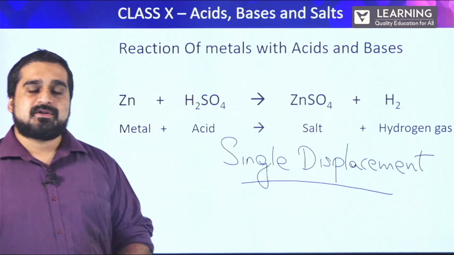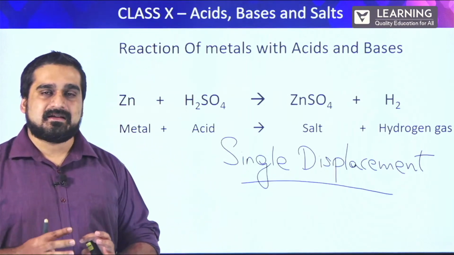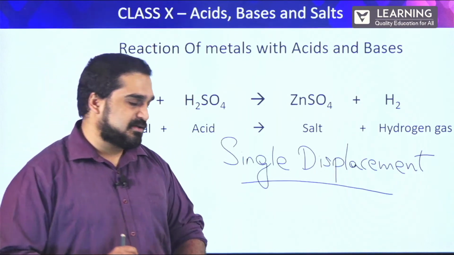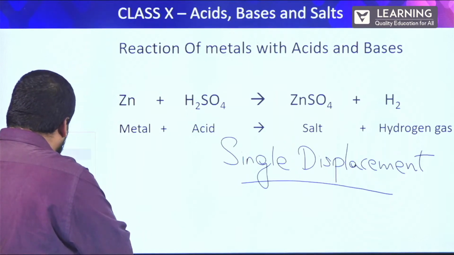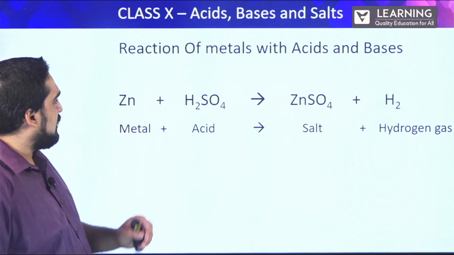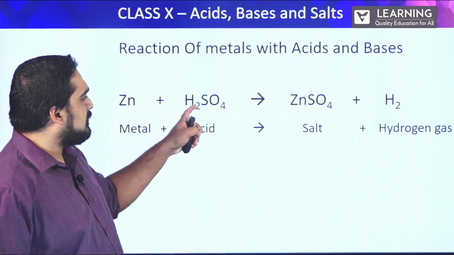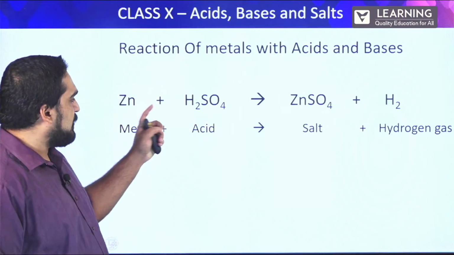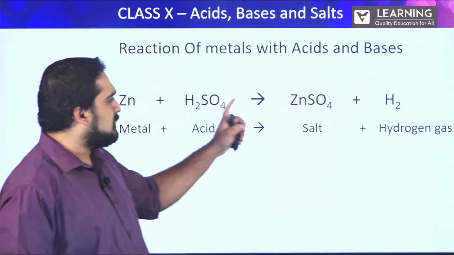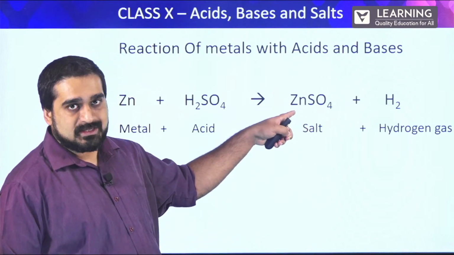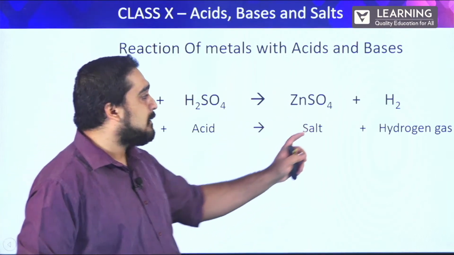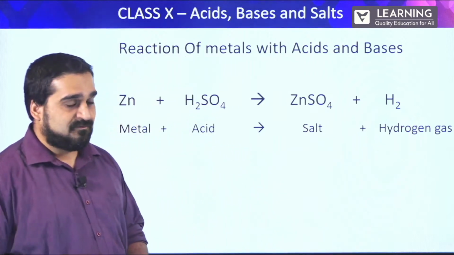What I want you to notice in this case is what happens when a metal reacts with an acid: a salt, zinc sulfate in this case, plus hydrogen gas is formed.